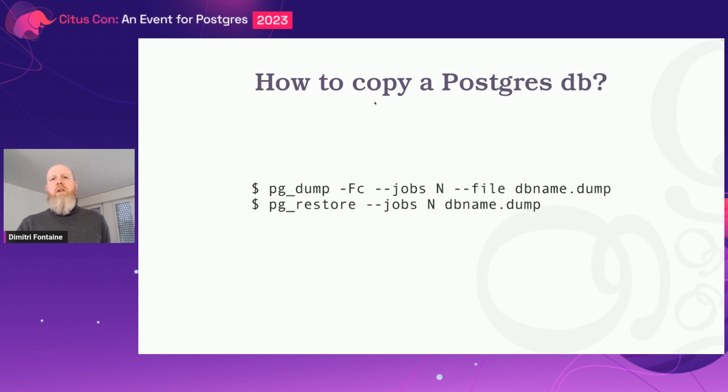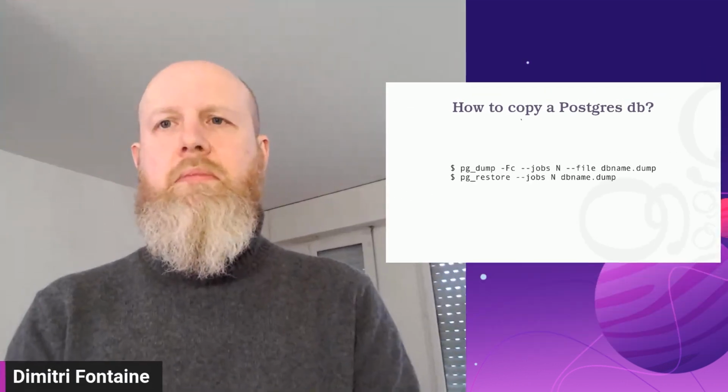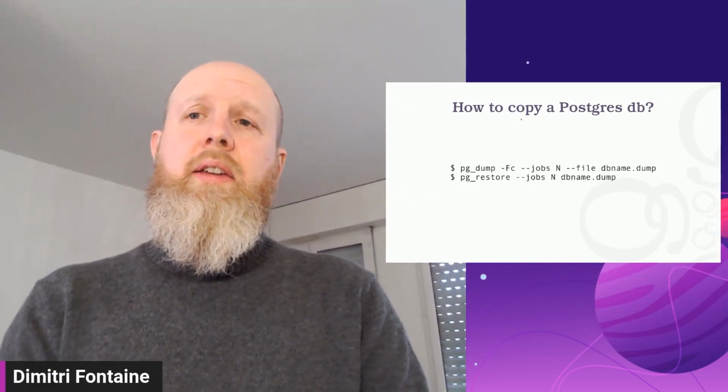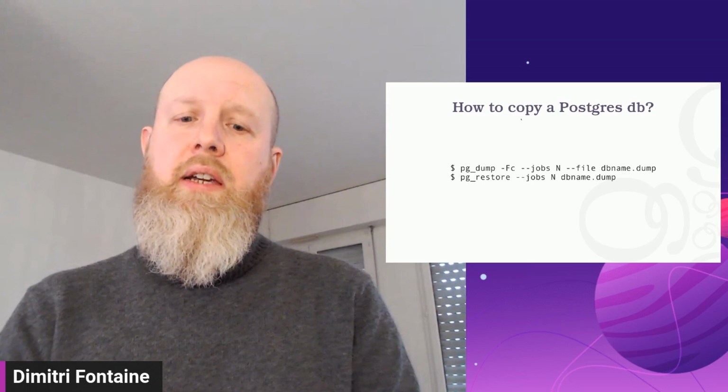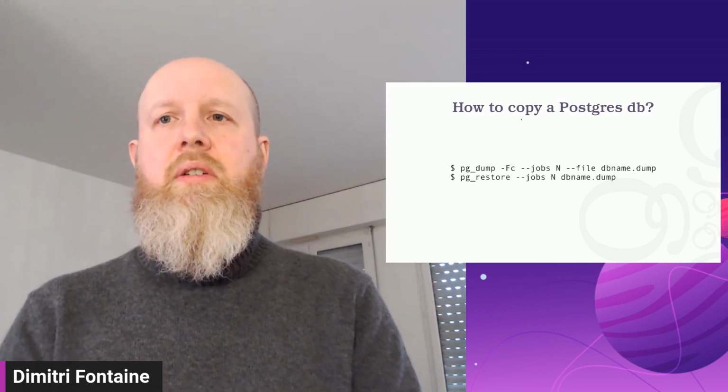Now, if it's too slow, maybe you want to introduce some level of concurrency. You want maybe to copy the data from more than one table at once. It is still possible to do with pg_dump and pg_restore as the base tooling for the operation. But then you need to choose either you are streaming or you are using concurrency.